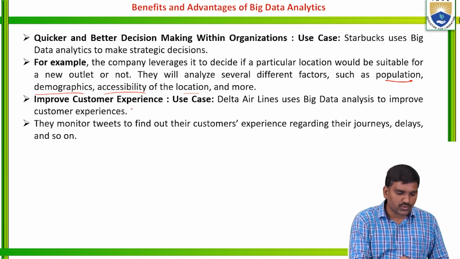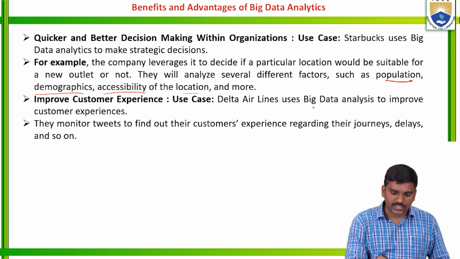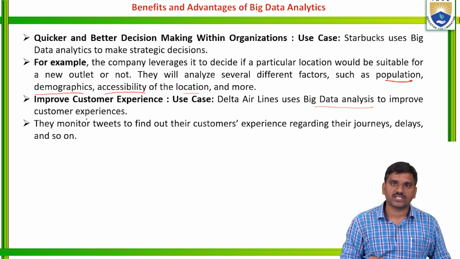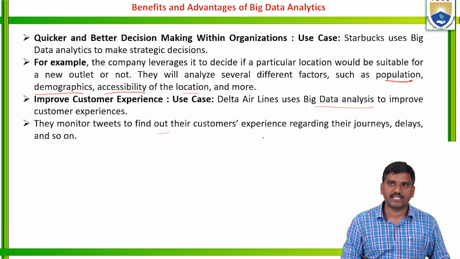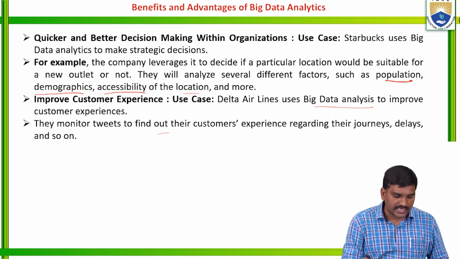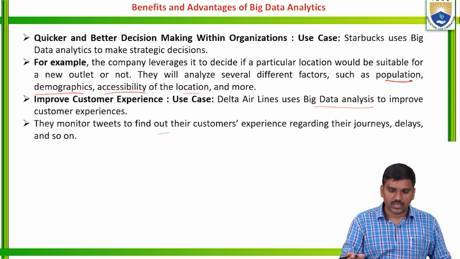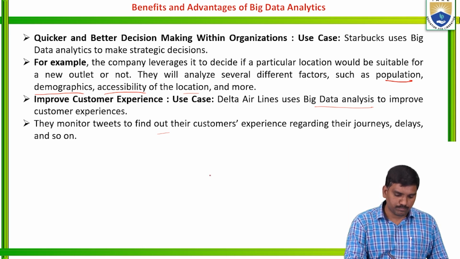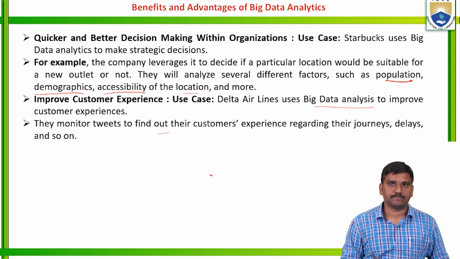The next one, improve customer experience. What is the use case for improving customer experience? Delta Airlines uses big data analytics to improve the customer experience. They monitor tweets to find out their customers' experience regarding their journeys, delays, and so on. For example, if you purchase a book from Amazon, after delivering the product they can send a message to give feedback.